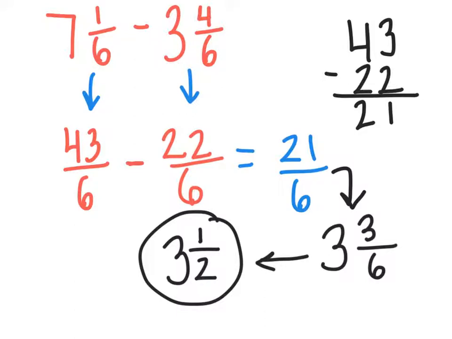For the purpose of adding and subtracting mixed numbers, I want you to focus on making sure that you have the mixed numbers and the work correct. The simplifying fraction is not something that we need to worry about at this point. So your answer to 7 and 1/6 minus 3 and 4/6 equals 3 and 3/6, or 3 and 1/2.